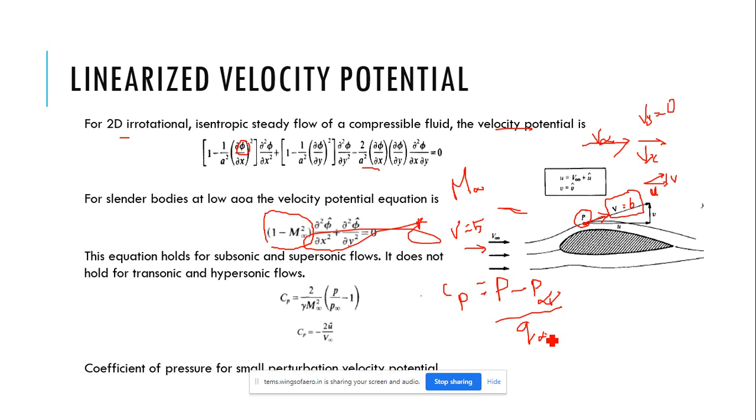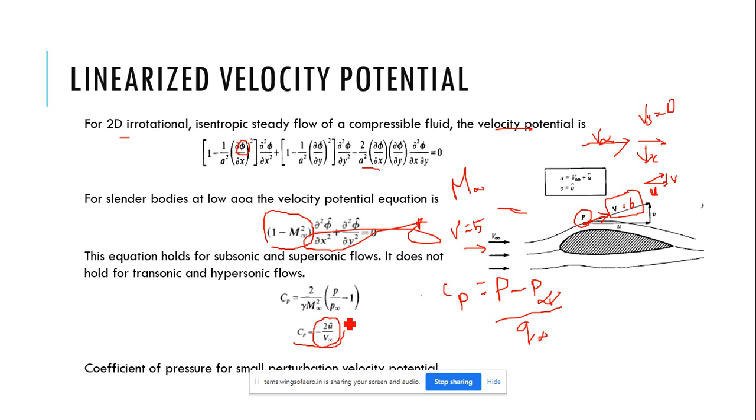But by considering this linearized velocity potential, there may be some changes for compressible flows. Therefore the Cp value will be: Cp equal to 2 divided by gamma M infinity square into (P by P infinity minus 1). Generally we can say that Cp equal to minus 2 u bar divided by V infinity, where u bar is the velocity potential because of the small perturbation.